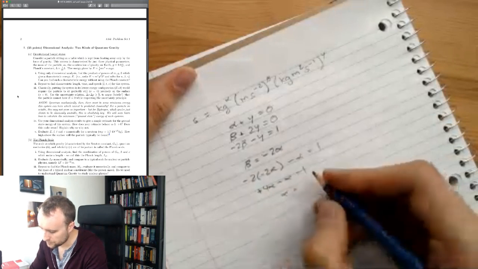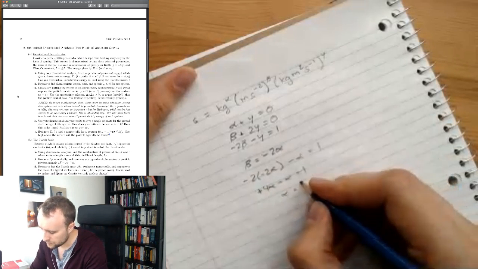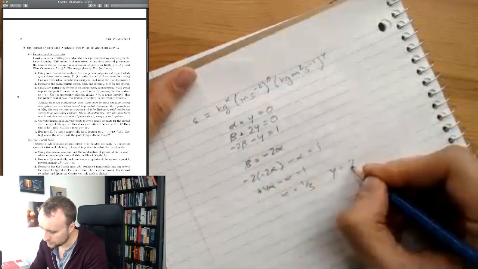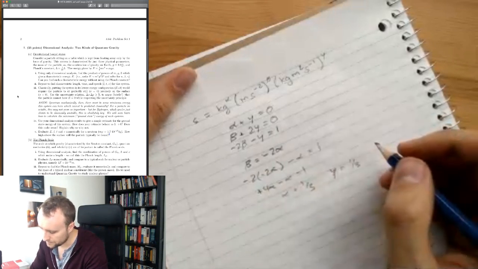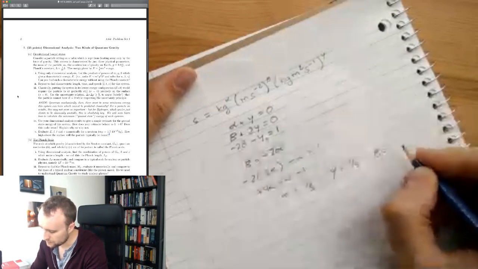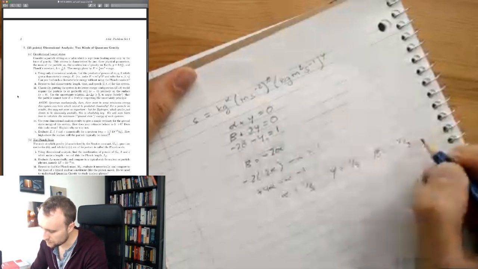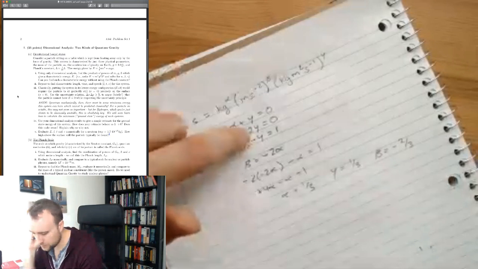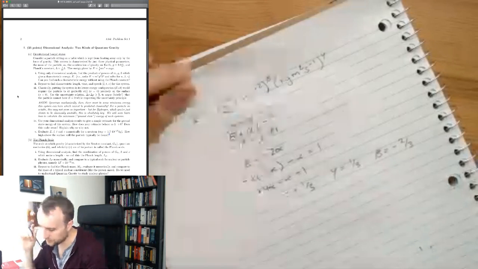So alpha is equal to 1/3. This is equal to 1/3, minus 2/3 beta is equal to minus 2/3. We have 1/3, 1, 2, 1, 2/3 minus 2/3.